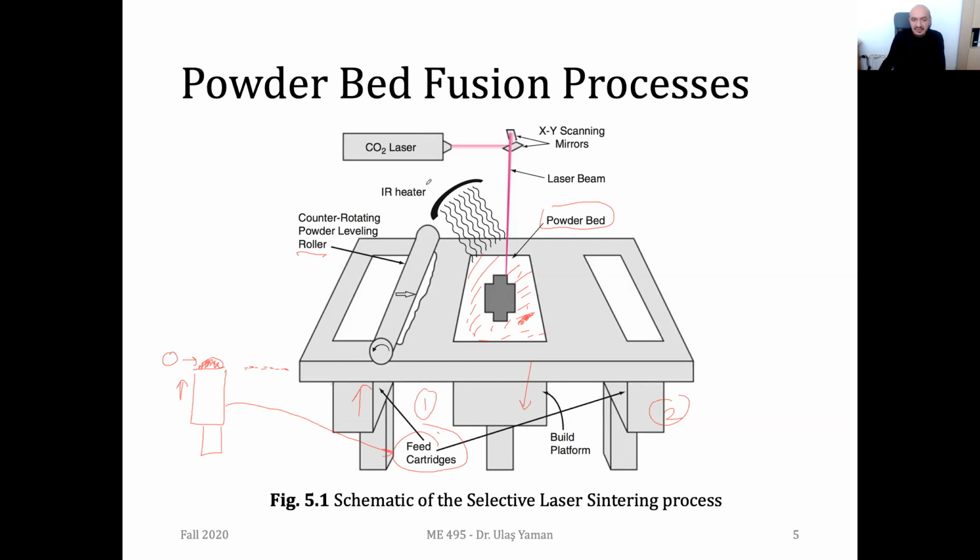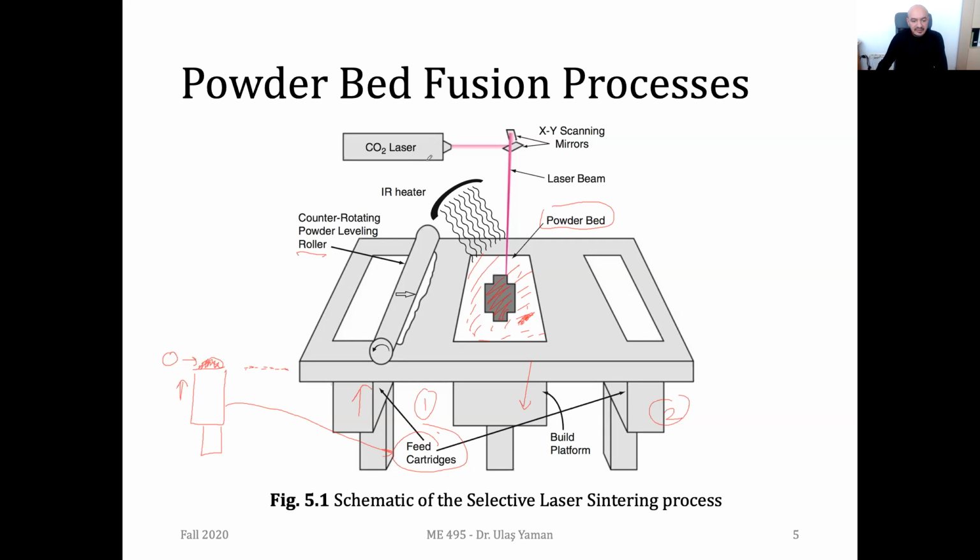With the help of this laser, again, we are using galvanometers, a set of mirrors, we can move our laser on the table and fuse just a specific region. We don't want to fuse the whole slice, since we want a specific shape once the printing is completed. So that's why these lasers, as in the case of the SLA process, should follow a scanning pattern.